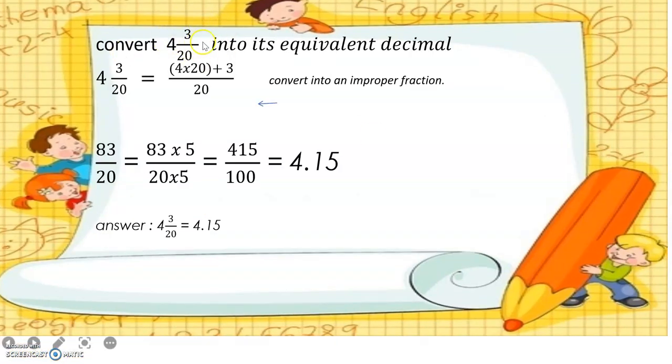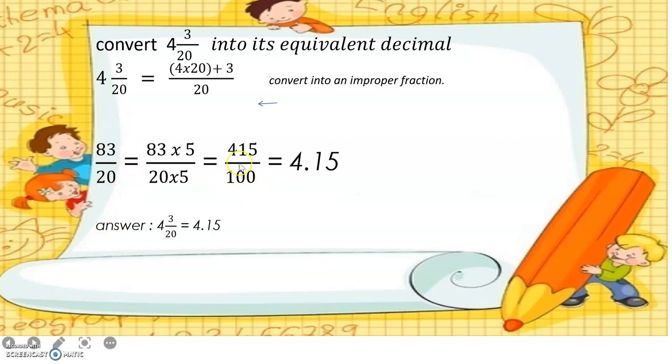4 and 3 over 20. Multiply 4 times 20 plus 3: 4 times 20 equals 80, plus 3 is 83. Then copy the denominator, 20. In decimals we have 10, 100, and 1000, right?